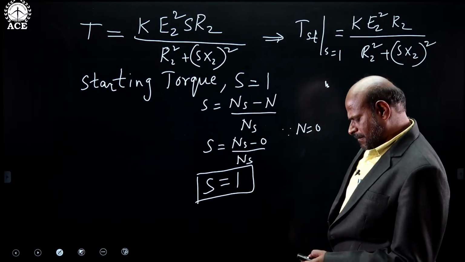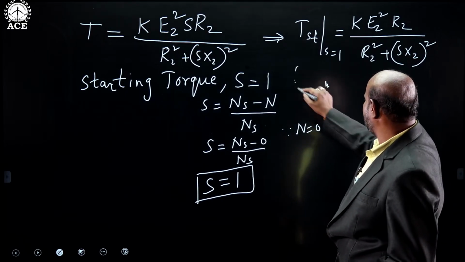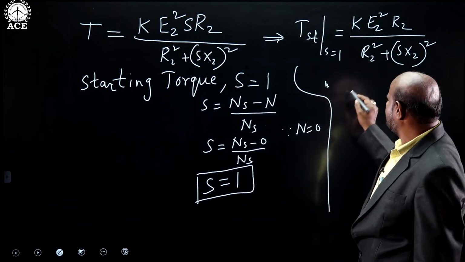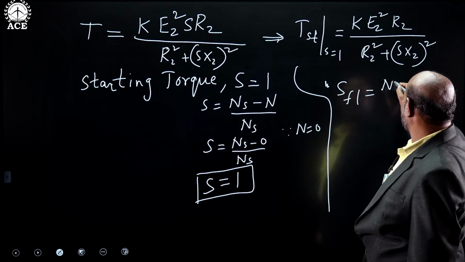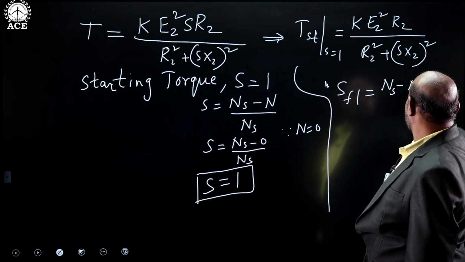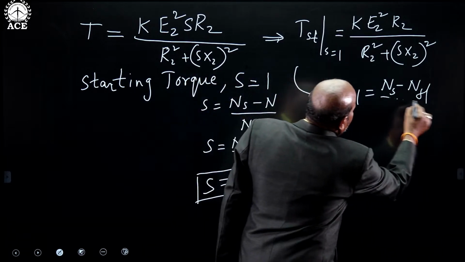Right? Then similarly, full load torque. The full load torque is obtained when the slip is at full load. So slip at full load means S FL is equal to ns minus full load speed by ns.